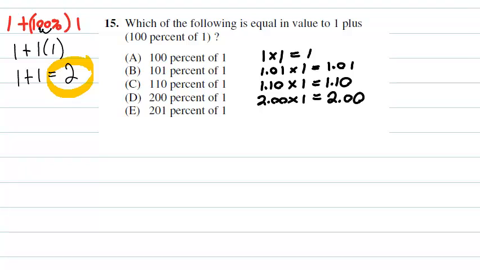But E would have been 201% of 1, so 2.01 times 1, which is 2.01. So our answer there is D. D comes out to 2, and 2 is what we were looking for.